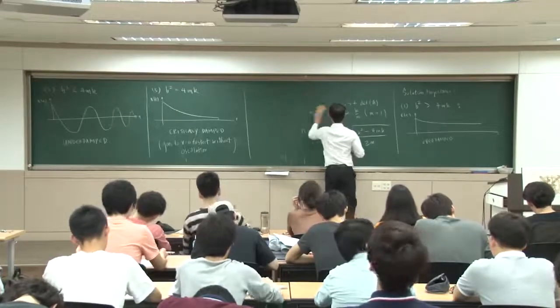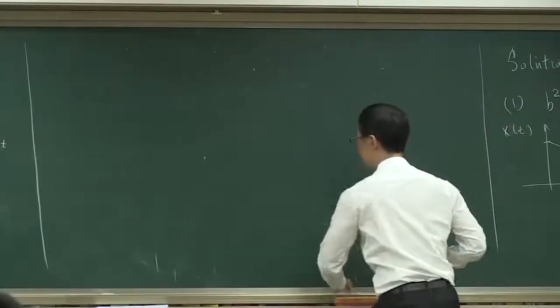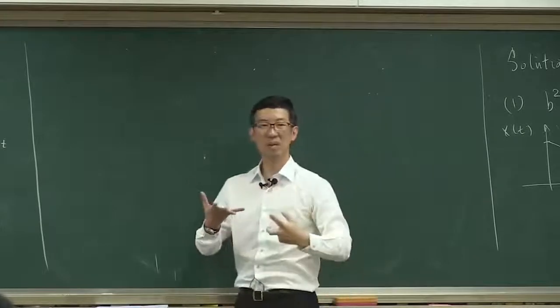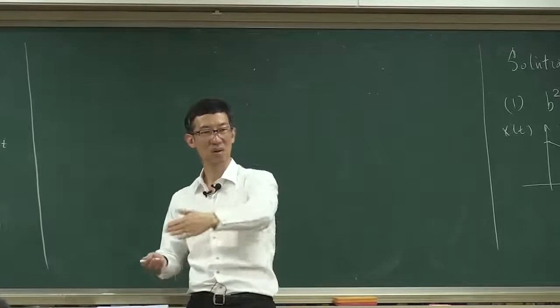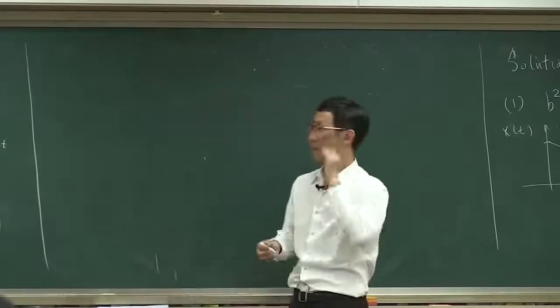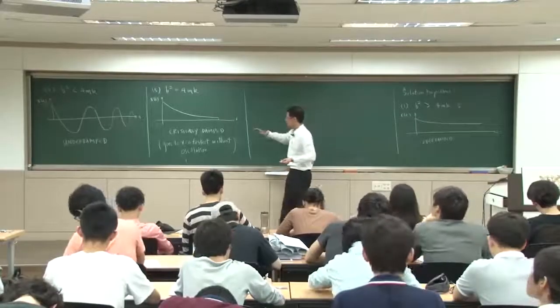When we're controlling something, we want the response to be fast, but we don't want it to go overshooting all over the place. So this is what we want to shoot for.